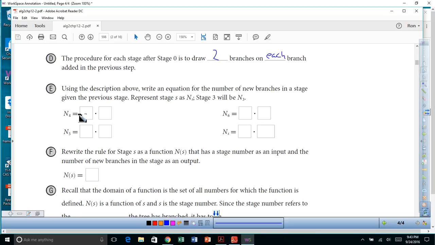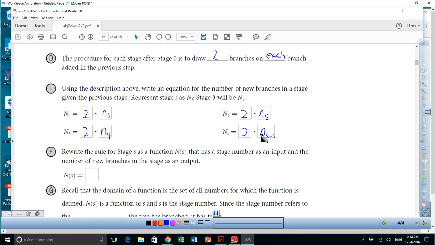So n sub 4 is 2 times n sub 3, and then stage 5, n sub 5 would be 2 times n sub 4. N sub 6 would be 2 times n sub 5. And then, okay, so n sub s would be 2 times n sub s minus 1.